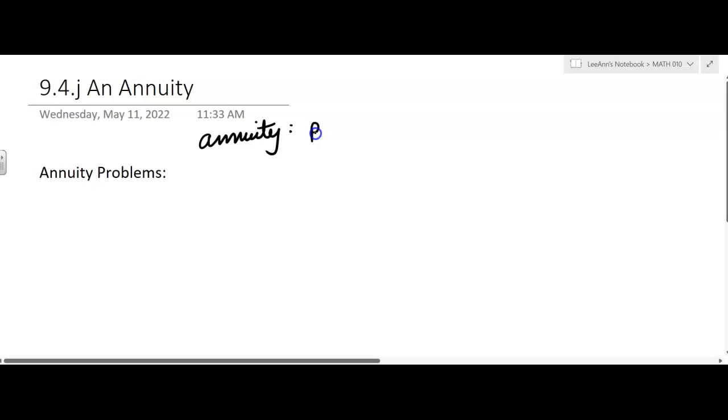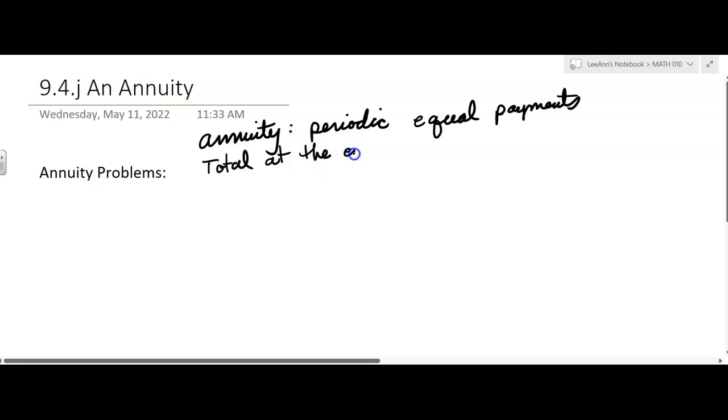It's periodic, equal payments. And then we're going to want to know the total. Now, with an annuity where you're earning money, we're going to want to know the total amount of money at the end, and how much interest was earned.